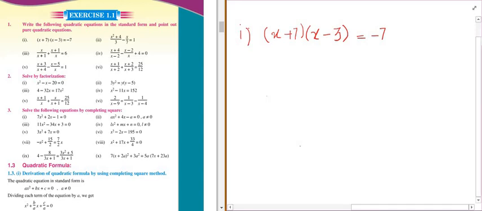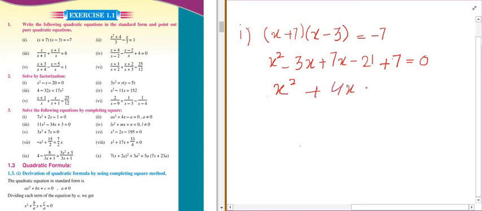Just multiply these two terms, we get x square minus 3x plus 7x minus 21. Shift this constant term minus 7 to the left, it becomes plus 7 equals to 0. Now add and subtract the like terms. x square minus 3x plus 7x plus 4x, this becomes minus 14 equals to 0.